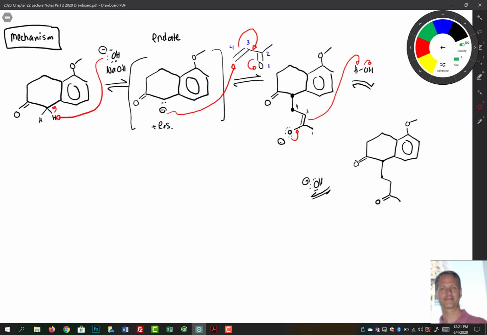So if we look at this thing, let's number it 1, 2, 3, 4, 5, 6. There's a CH3 here. If we could have that be our enolate negative charge, that number 6 could react with number 1, and we form a nice little ring there.